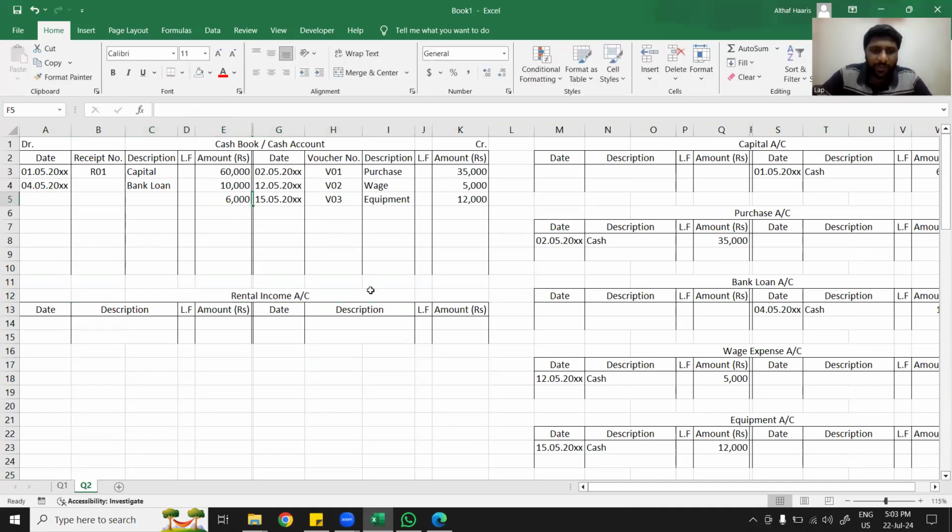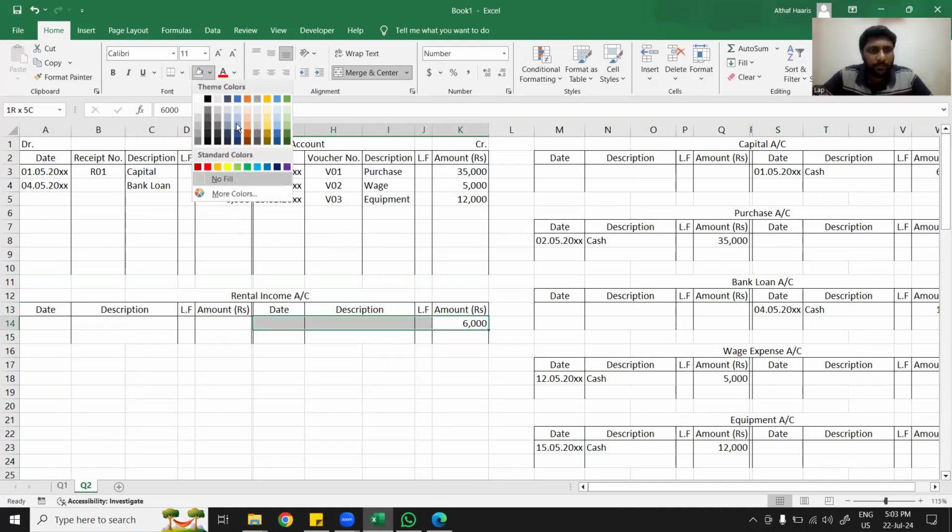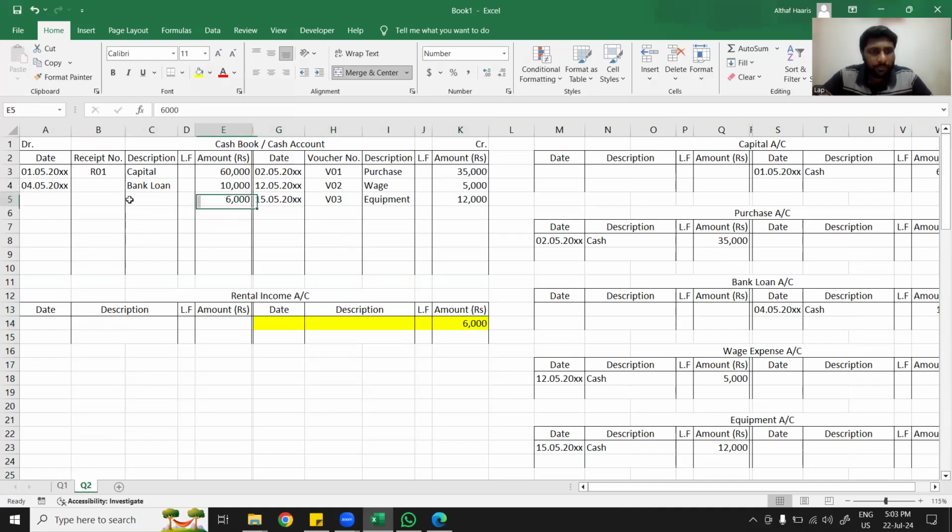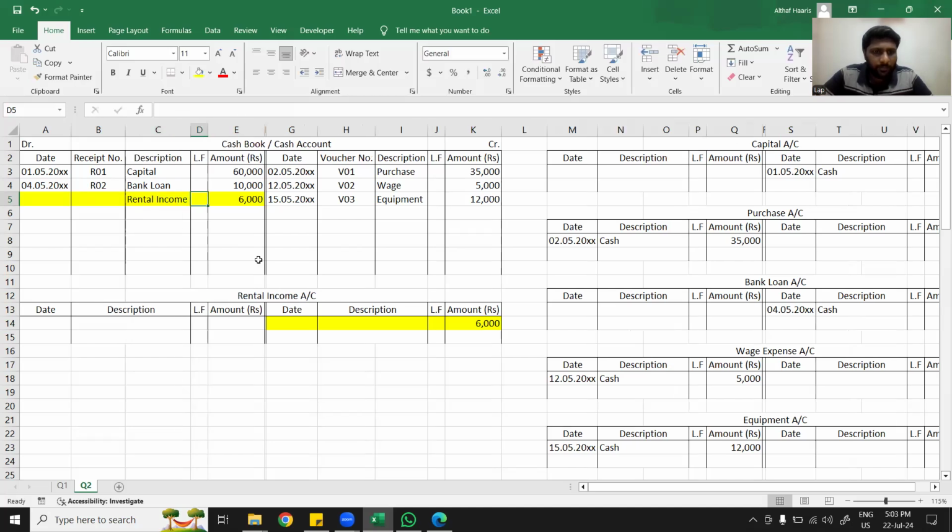And you are getting one of the incomes, which is the rent income, 6,000. Here you can write rental income. Here you can write cash.